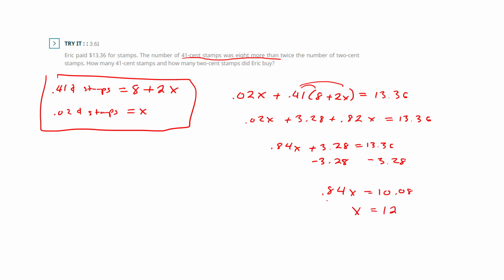All right, I divided both sides by the 0.84 and got 12. So there were 12 2-cent stamps. So the 41 are 8 plus 2 times that 12. So I've got 8 plus 24, get 32. So 12 2-cent stamps, 32 41-cent stamps.